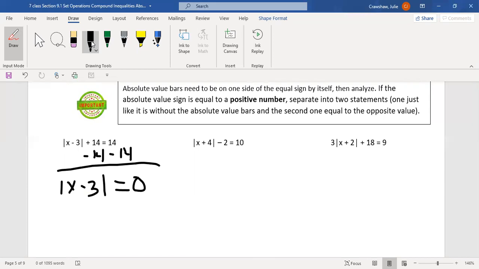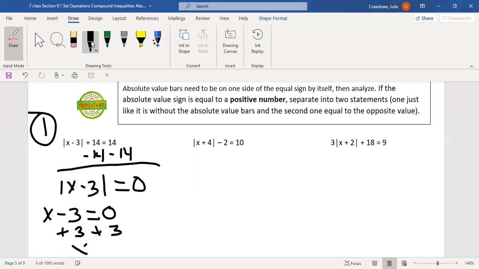It's equal to 0, so we know we're going to have one answer. All I have to do is get rid of the bars and solve that equation. So for this problem, the only value I'm going to have is x equals 3. 3 is the solution to the equation.